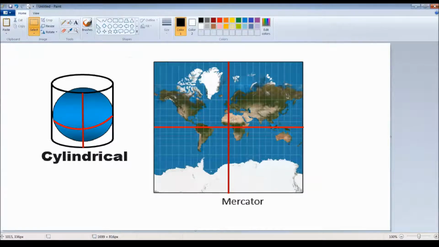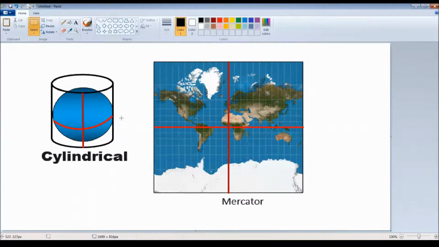So here are some of the properties about Mercator, and I will not be asking you to sketch how the Earth looks like in different projections, but these properties that I'm going to talk about, please take notes for them. I on purpose didn't write them down so that you can take notes and know what's going on with these properties. So here is the first property.